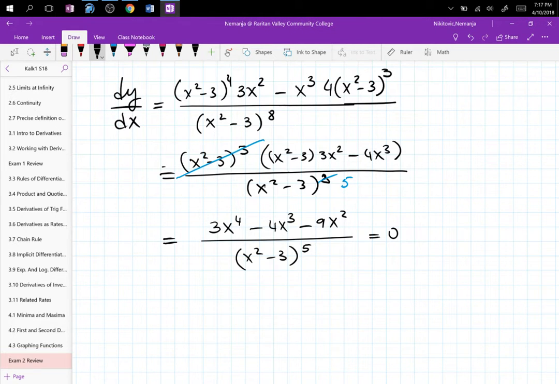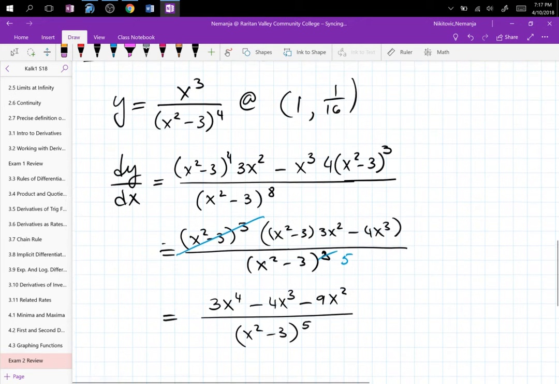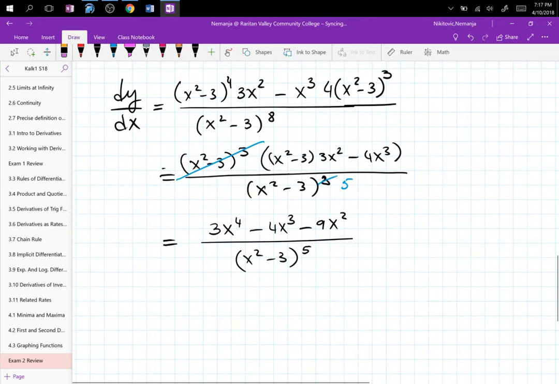So now what do we do? Sorry, not equal to 0. We have the derivative, and now we plug in 1 to get the slope. So slope is my derivative, dy dx, computed at x equals 1.